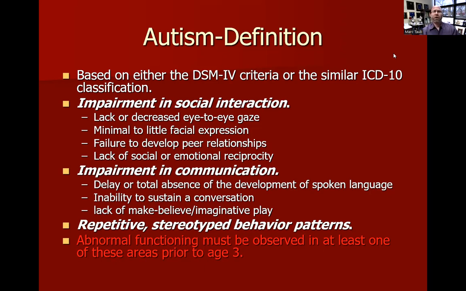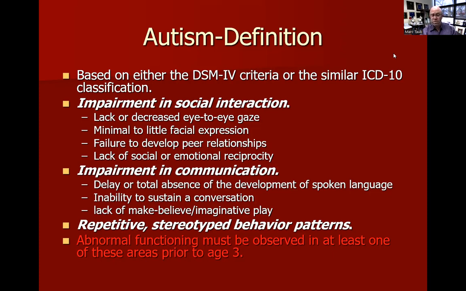When you look at them, they kind of have a flat affect. In terms of the decreased eye gaze, they generally won't look at you in the face. They have trouble developing peer relationships and social emotional issues in terms of both incoming and outgoing.